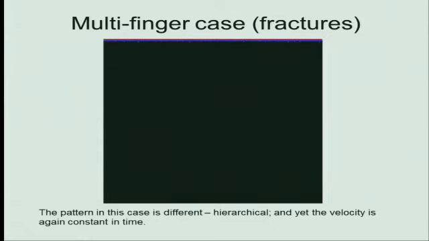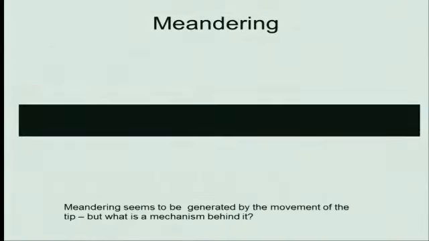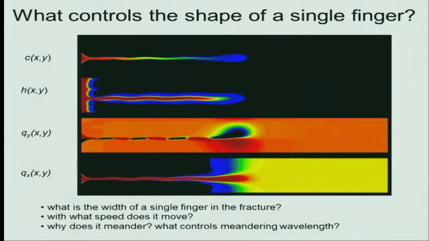So I think the problem which I would like to analyze first is just this, that you have a single finger in a fracture, and you want to know with which speed its tip advances, right? It is similar in a way to other pattern formation problems like viscous fingering and so on, but these turn out to be hard problems.